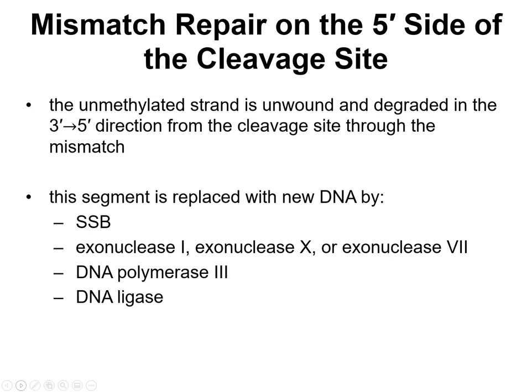You need single-stranded binding proteins because that's going to stabilize the single strand, the template strand that's just kind of hanging out there. And then you've got an exonuclease, which is going to chew up DNA. You've got DNA pol 3 and DNA ligase. So a similar complement of things used in replication is also used in mismatch repair.